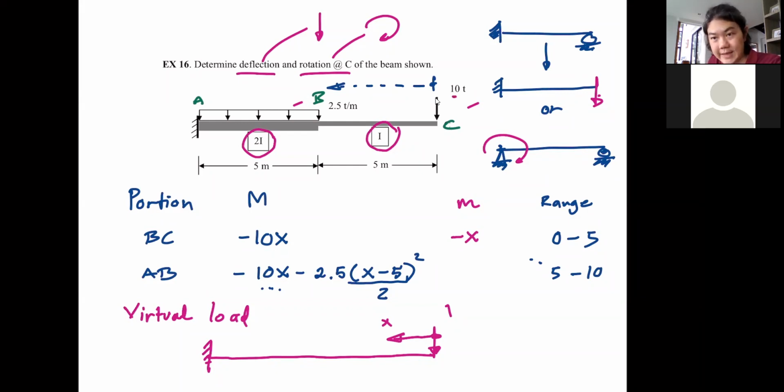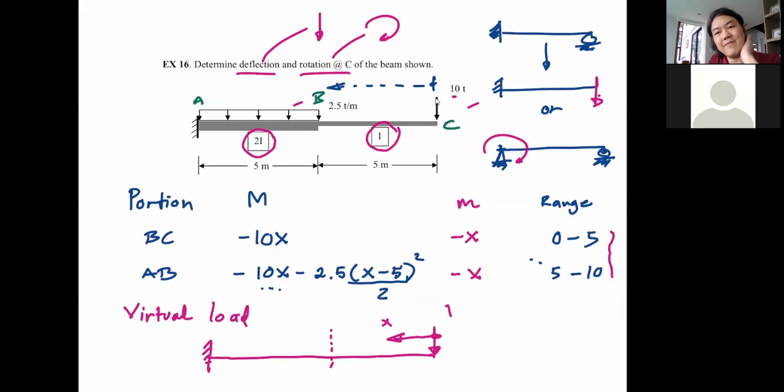But take a look at the next equation. Because it's 5 to 10, and when I am here, the moment equation does not change because my range here is continuous. So the moment equation for the virtual load case remains minus X.